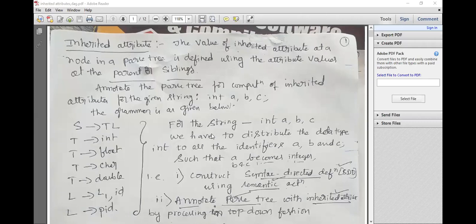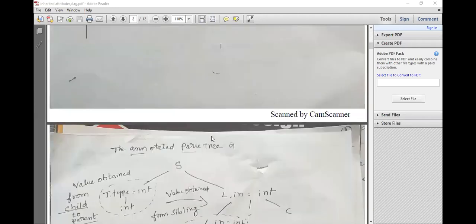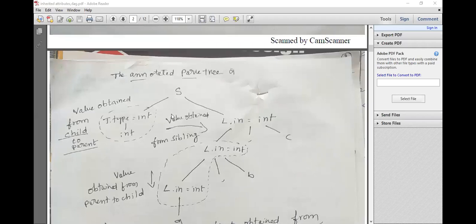Everywhere we have dotted lines and solid lines. Dotted lines show the inherited attributes, and solid lines show the synthesized attributes.